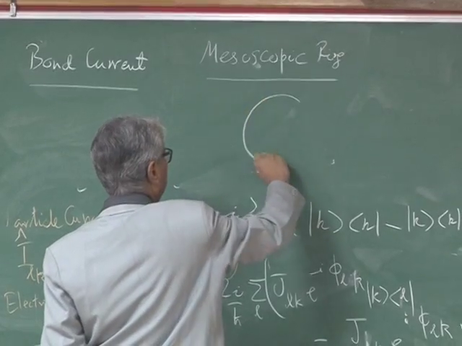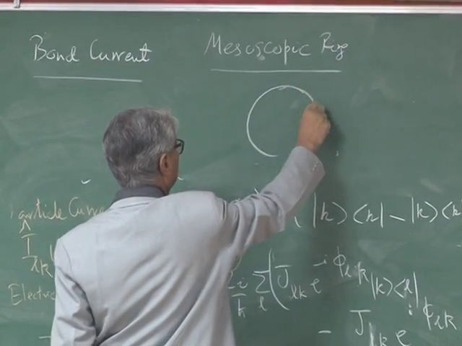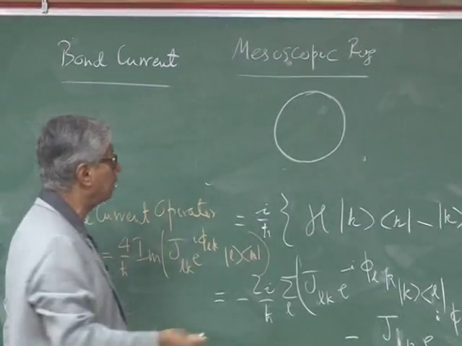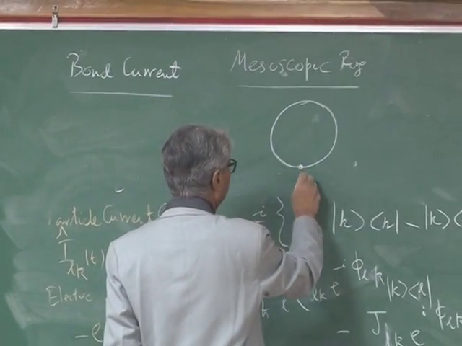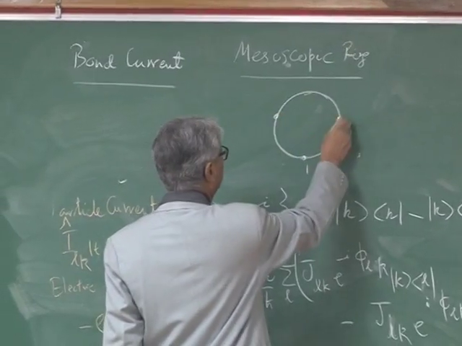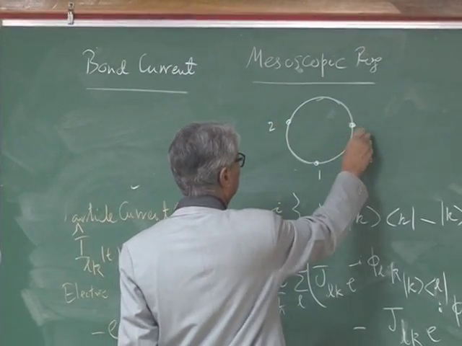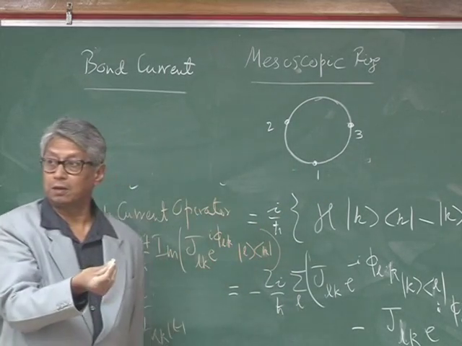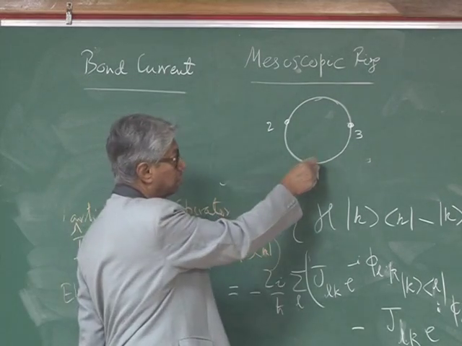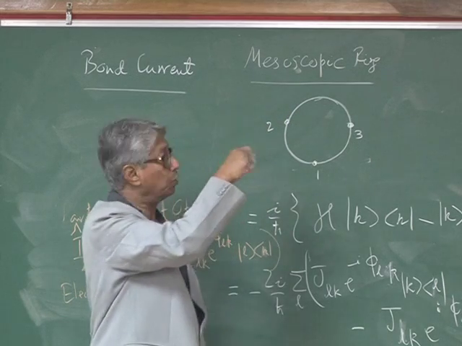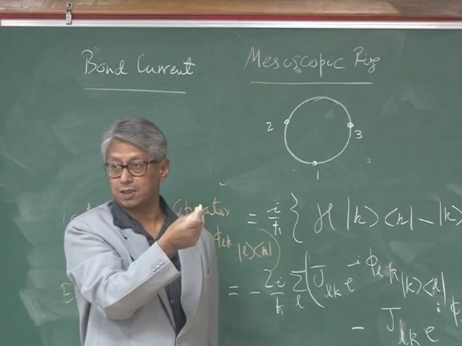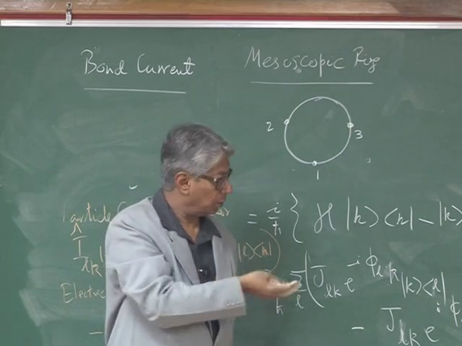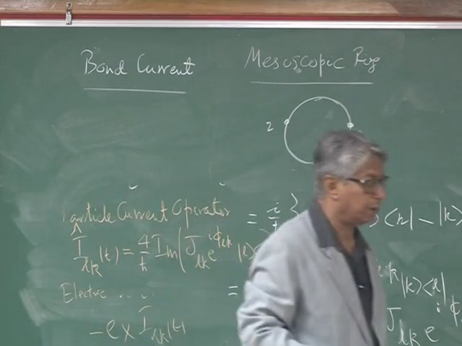I have a closed ring, and you have a finite number of sites. In particular, to be very simple, I'll construct a 3-site ring. So it's a tight binding model. You have site energies. You can have hopping from 1 to 2, from 2 to 3, from 3 to 1, and vice versa. And we'll see how we can implement whatever we have done here in terms of this model.